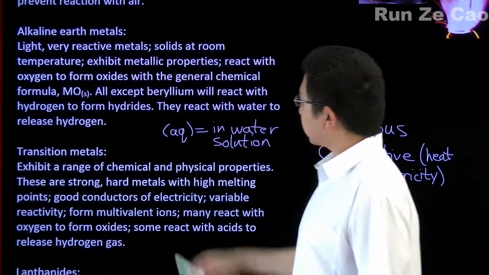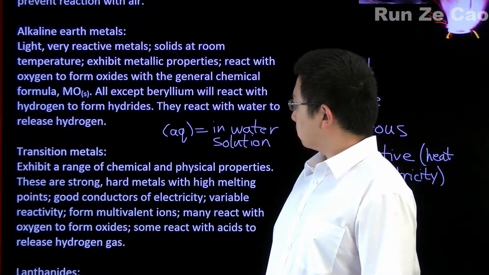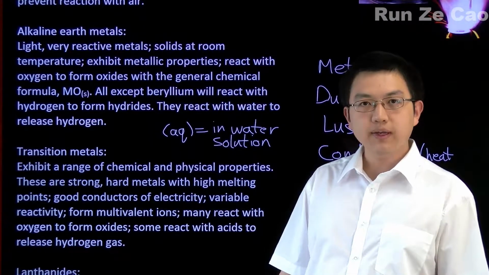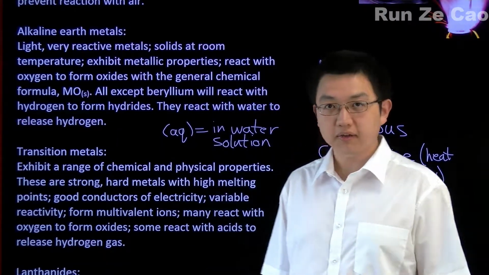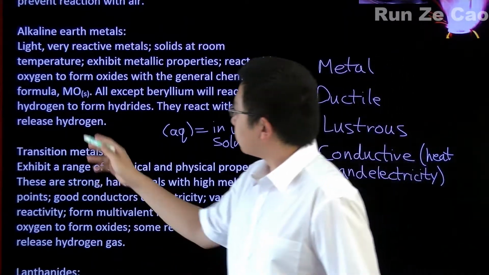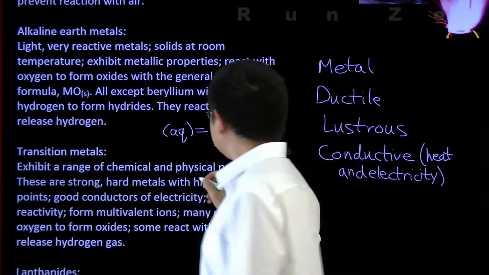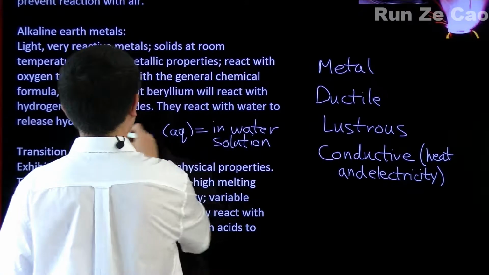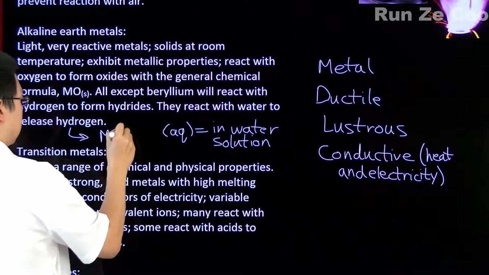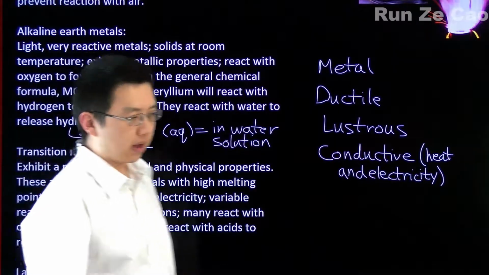Now, all except beryllium will react with hydrogen to form hydrides. Reacting with hydrogen is generally considered fairly difficult because forming H- is far less stable than forming H+. So they react with water to release hydrogen. What does this say? Well, to make MO, or in this case M, hydrogen, and so say magnesium hydroxide.